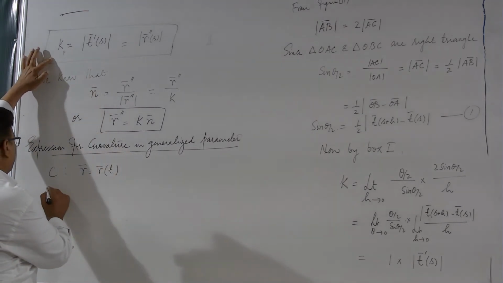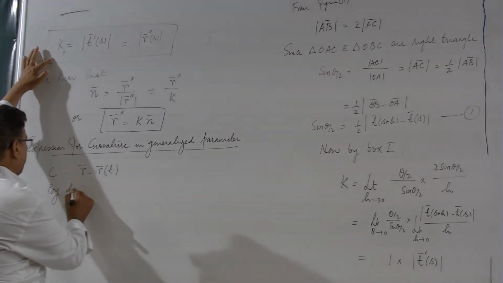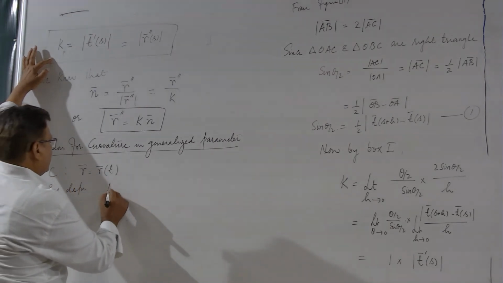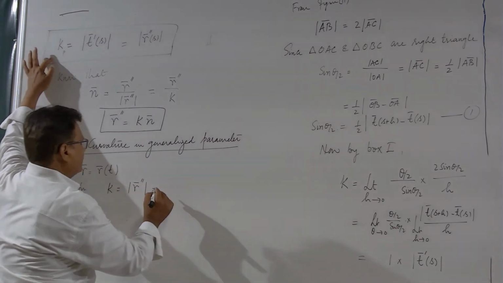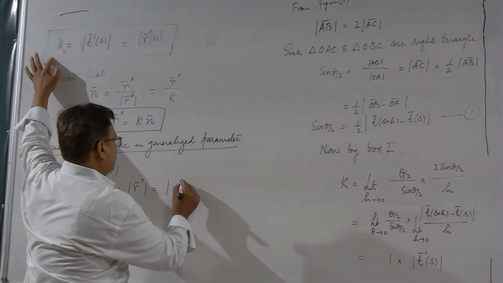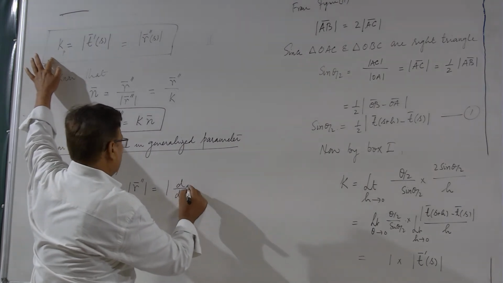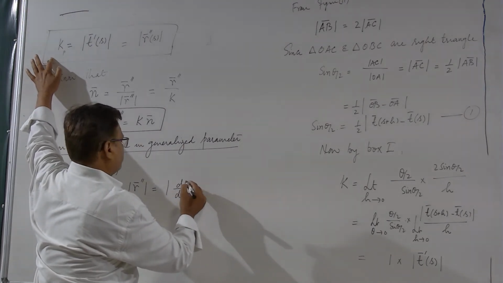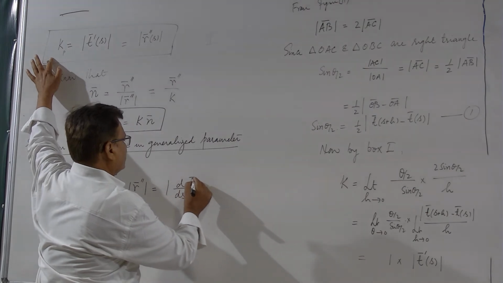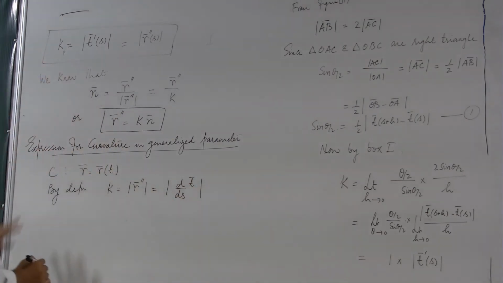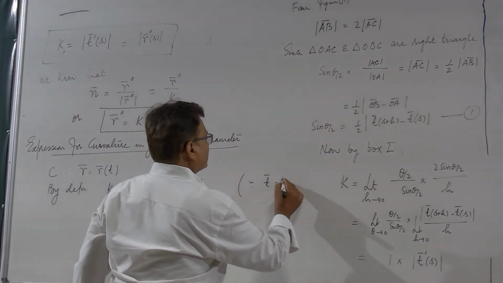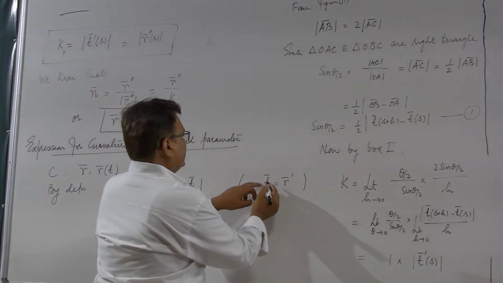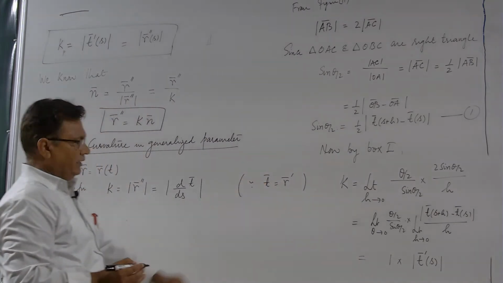By definition, the curvature k is given by mod r double dash, or you may say it is d by ds of r dash, or t bar, because t bar is r dash. If I differentiate t bar with respect to s, I will get r double dash.